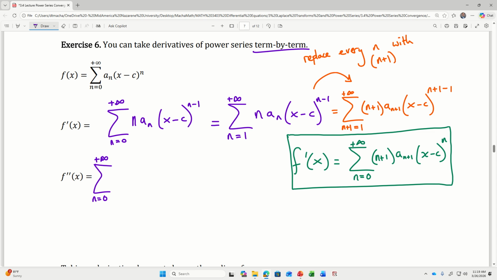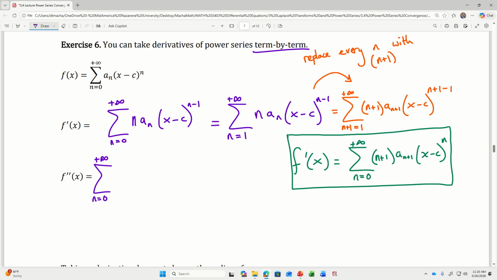So I would go ahead and look at what we wrote down in this green box to start from. And so imagine looking at this term that has n plus 1 times a n plus 1 times x minus c to the power n, and take the derivative with respect to x.